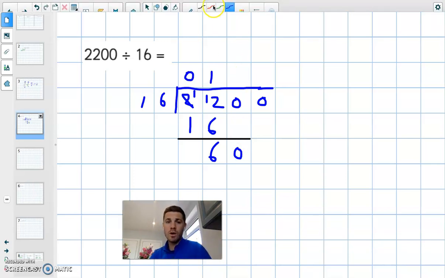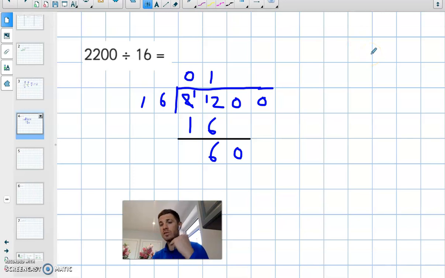And that's where I need to go over to the side here, and I need to start using my partitioning method to work out the multiples of 16. So in this column here, it's going to go up in tens, because this one here represents a 10, and in this column here, it's going to go up by sixes, because this column represents ones, and there's 6 ones in this column.